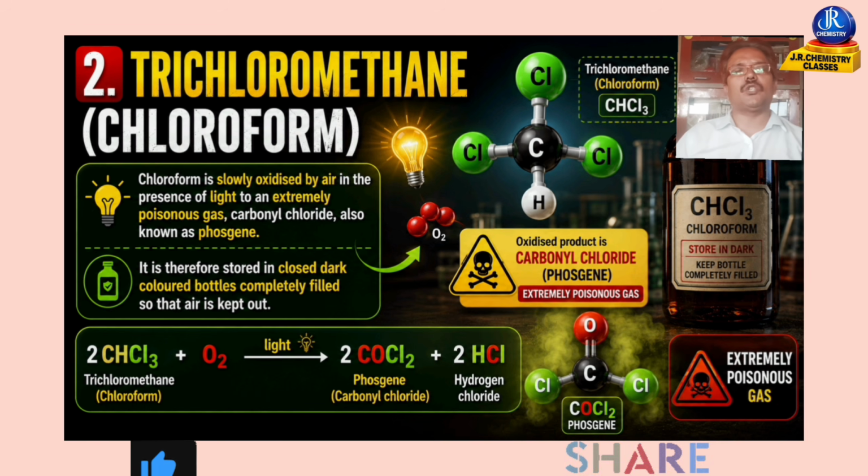It is therefore stored in closed, dark colored bottles completely filled so that air is kept out. The reaction is 2CHCl3 plus O2, in the presence of light, gives 2COCl3, carbonyl chloride, with 2 moles of HCl.